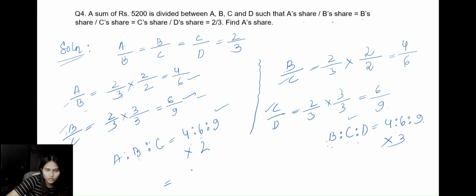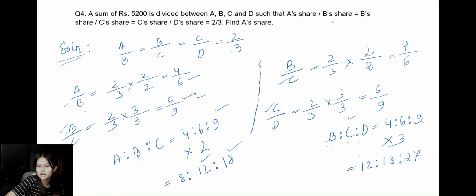If we do that, what will happen? 8 colon 12 colon 18. And for this, 12 colon 18 colon 27. So from here we can already see that B and C are matching.